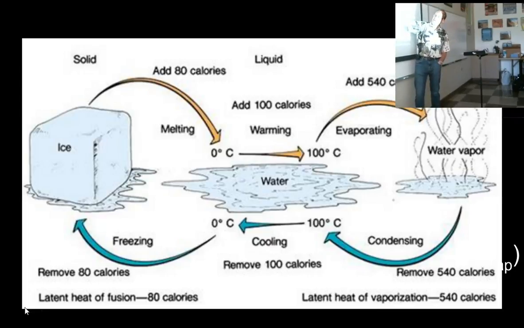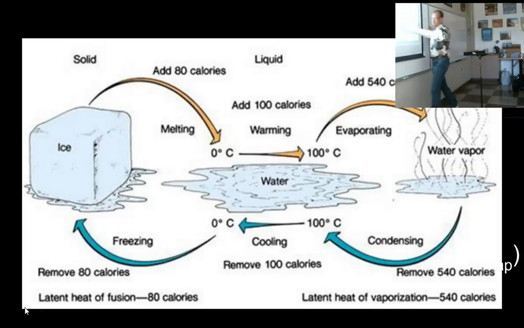This is water at 0 degrees, and so this is latent heat of fusion here. And then we can add 100 calories to raise that water up to 100 degrees Celsius. And then we can add 540 more calories to turn that water into steam, but still at 100 degrees Celsius. The vapor hasn't gotten any hotter. It's just turned from liquid water to water vapor.